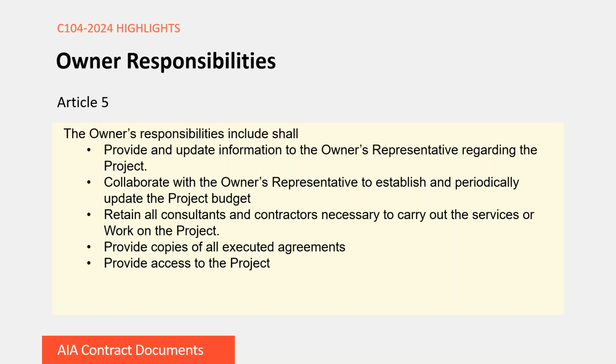They're also going to be responsible to retain all the consultants and contractors necessary to carry out the services or work on the project. Here you'll see that the owner provides copies of executed agreements to the owner's representative so that it can perform its various oversight functions. And also the owner will provide access to the project.